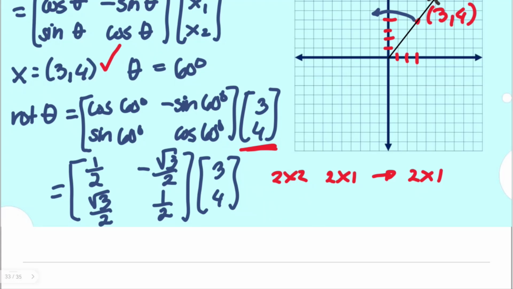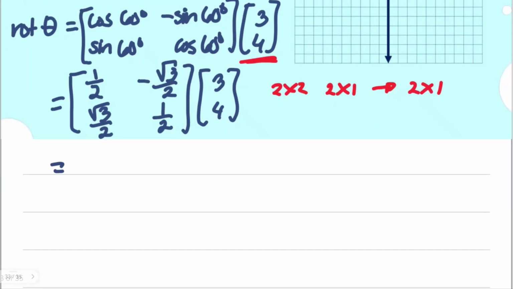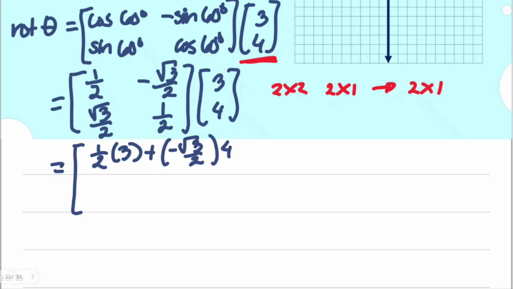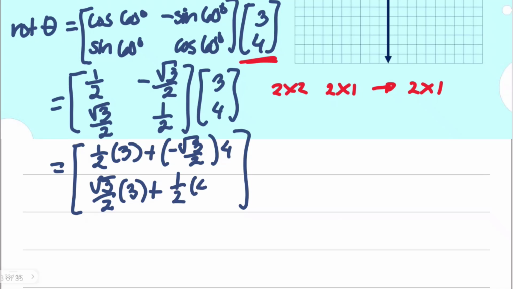So let's continue. You have here 1/2 times 3 plus negative square root of 3 over 2 times 4. That's for your first component. The second, you have your square root of 3 over 2 times 3 plus 1/2 times 4.